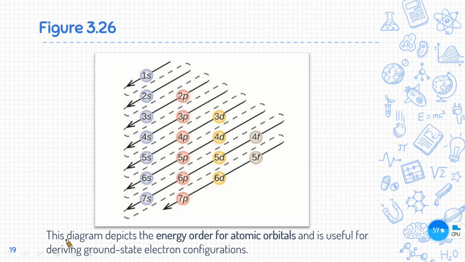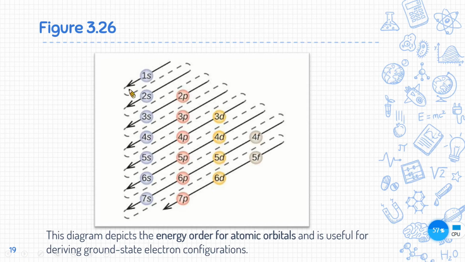This diagram here depicts the energy order for atomic orbitals and is used for deriving ground state electron configurations. How to draw this diagram? The first is 1s, 2s 2p, 3s 3p 3d, 4s 4p 4d 4f, and 5s, 5p, 5d, 5f, etc. And then draw the lines this way.